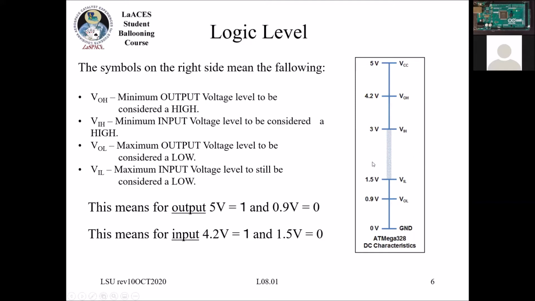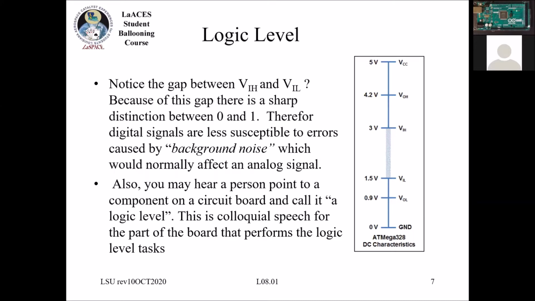So basically, you should never have a signal within this range within a logic circuit. And one of the reasons you want that is because it'll cause you to ignore your noise. That's what gives you those nice sharp edges when you go from high to low.